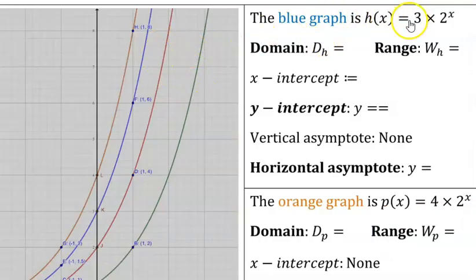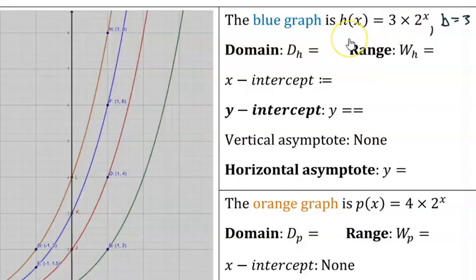So now the blue graph, our b value here is equal to 3. First of all, the domain is still all the real numbers, and the range stays exactly the same, from 0 to infinity, 0 not included. I do not have an x-intercept, so there's no x-intercept. We don't write that equal sign there.